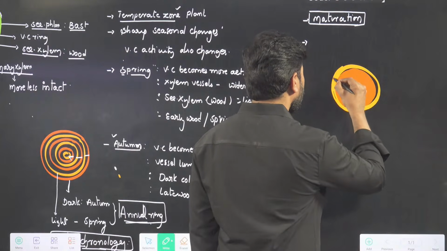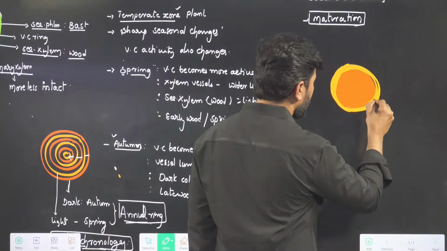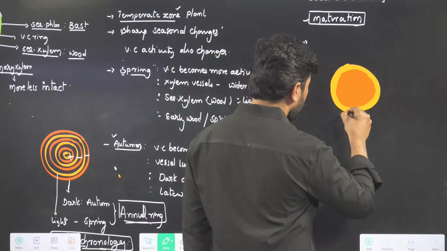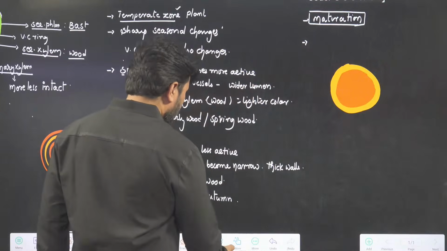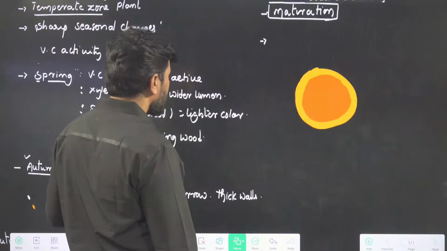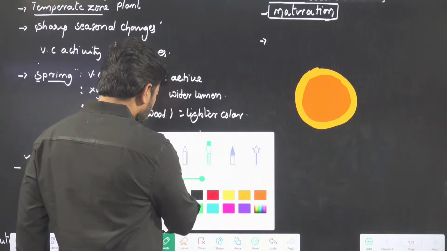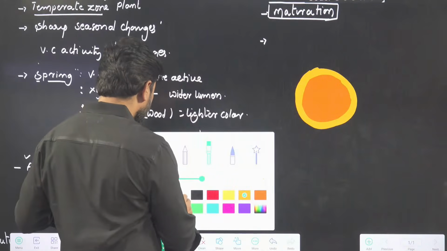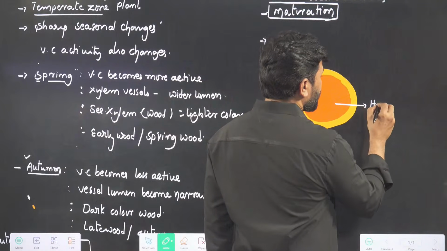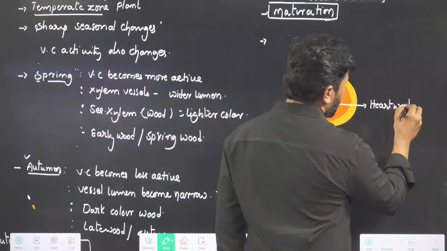You can understand, this is peripherally light color wood and centrally dark color wood is present. Over there, you notice one thing. This centrally located dark color wood is known as heartwood.